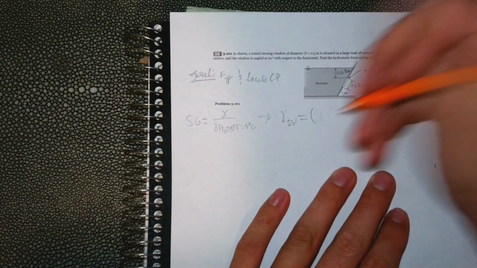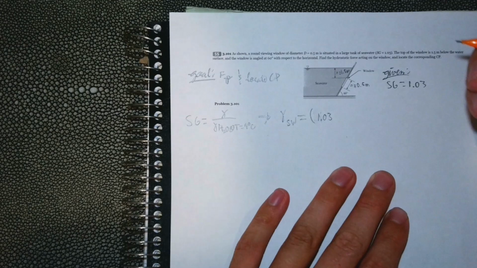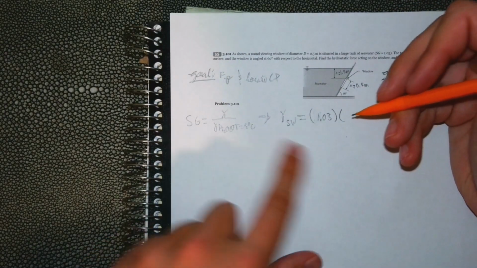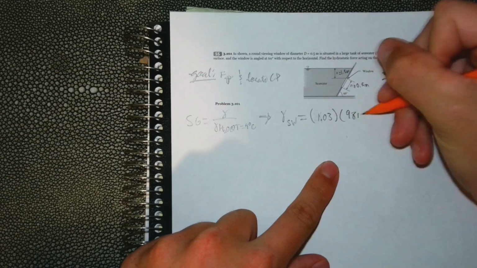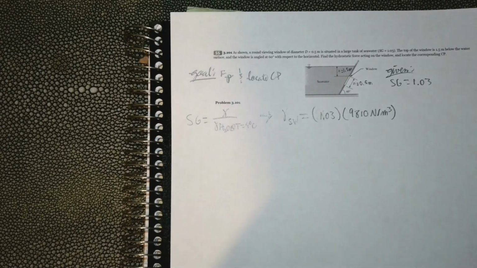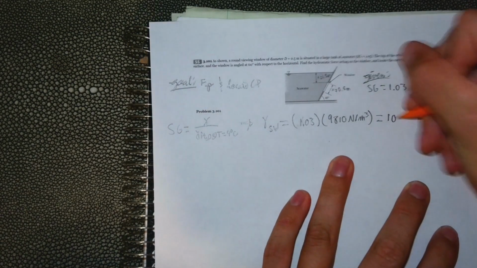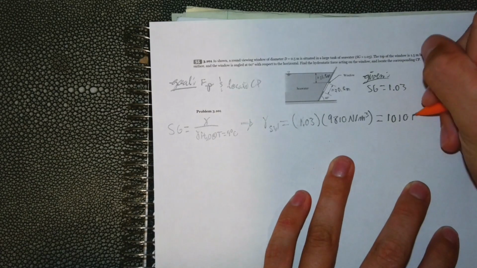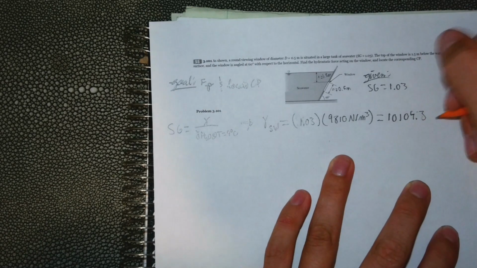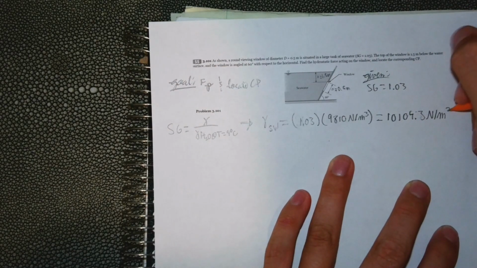Specific gravity is 1.03, no units, and this is 9,810 newtons per meter cubed. If you put that in a calculator, you'll get that the specific weight of seawater is 10,104.3 newtons per meter cubed.